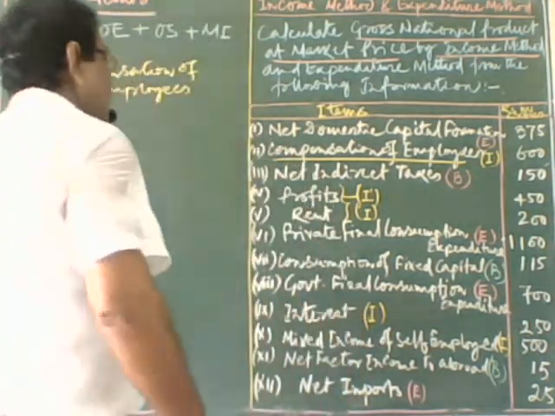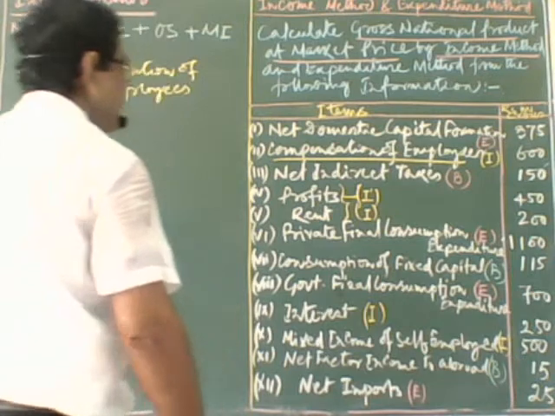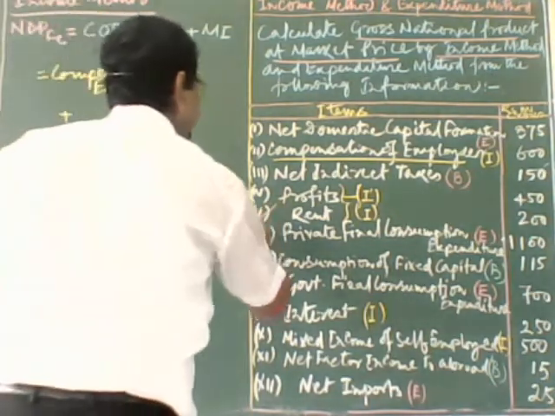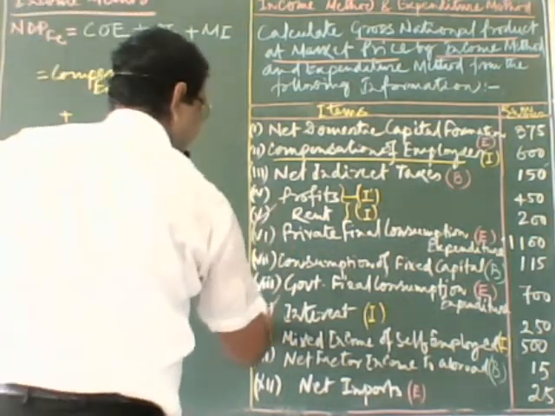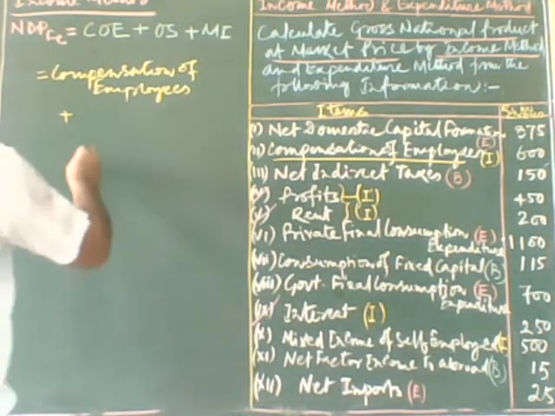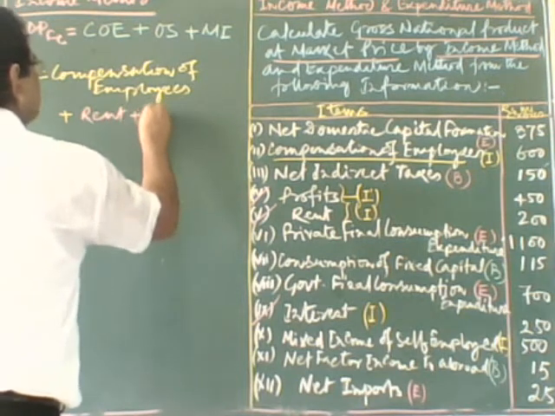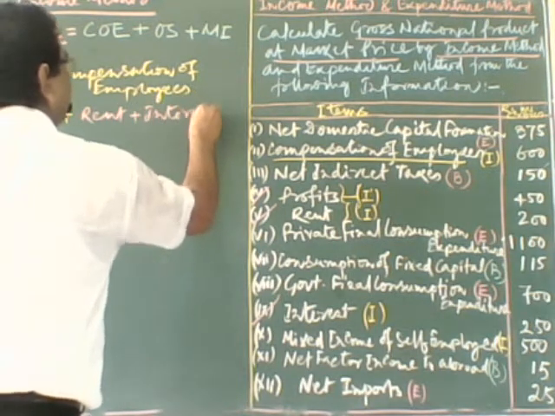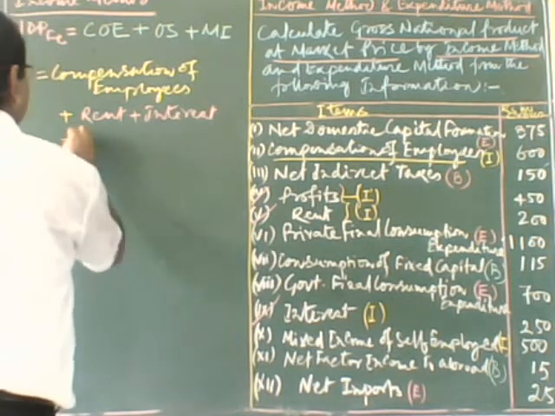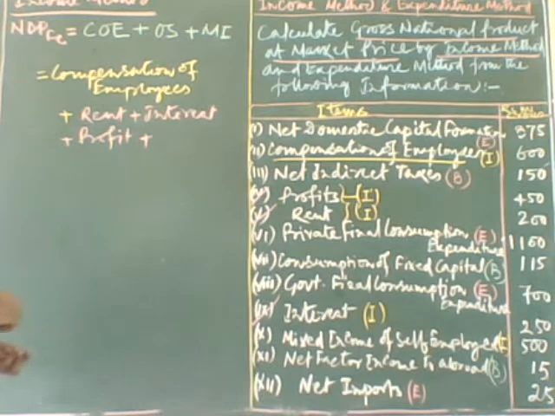Basically, the main components of operating surplus are rent, interest, and profit. Rent plus interest plus profit, plus mixed income of self-employed.